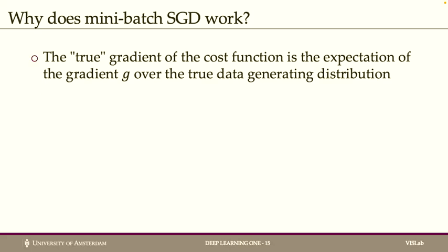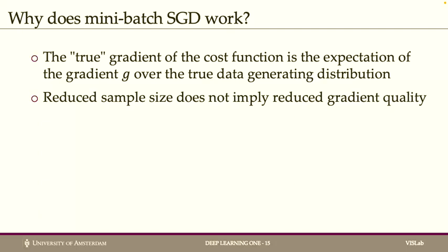All right, so let's see. As I said, SGD is really the key algorithm for how we're optimizing stuff. The reduced sample size, even though it introduces noise, or because it introduces noise, doesn't make our optimization less good.